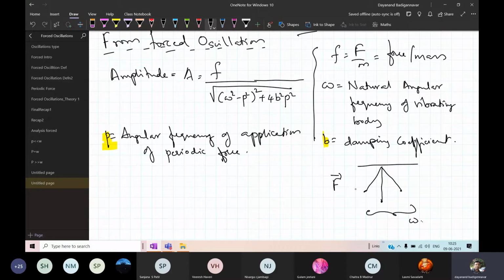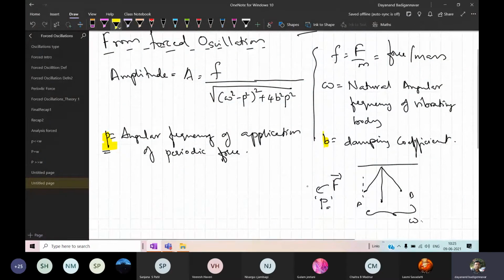So you are applying the force at the frequency P. P is the frequency at which you are applying the force. P is nothing but the frequency of application of the periodic force.